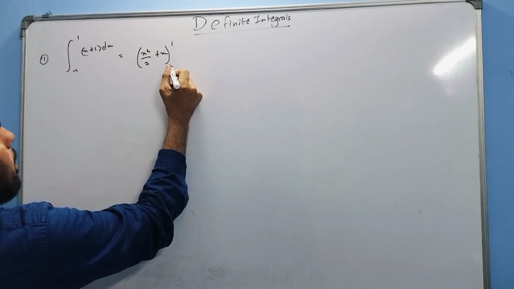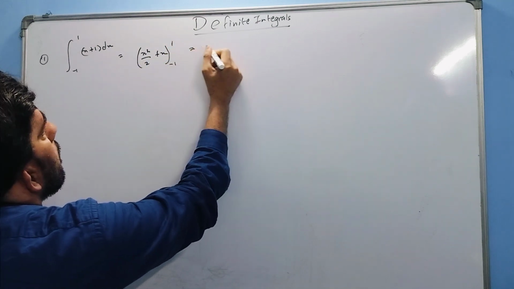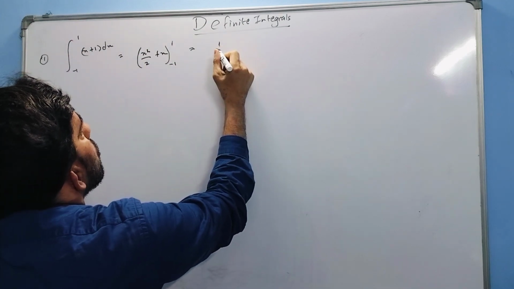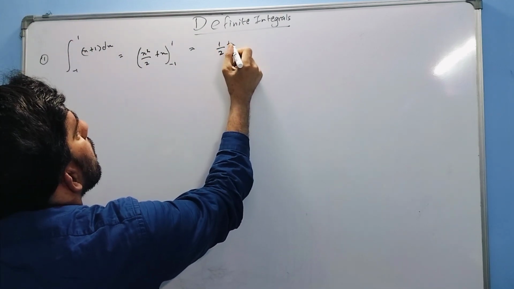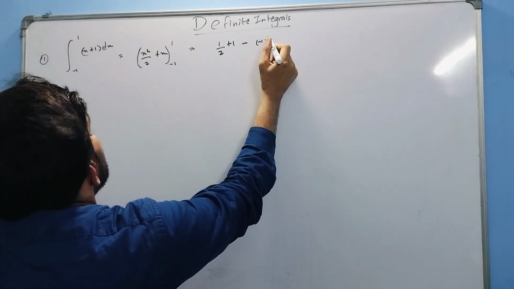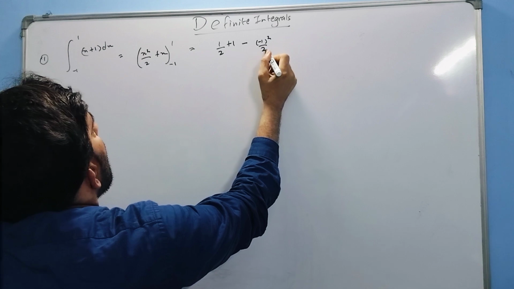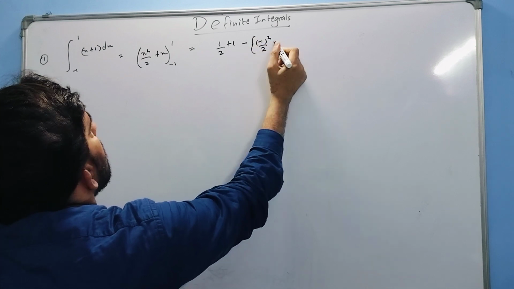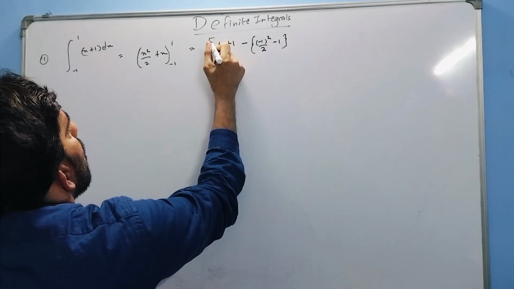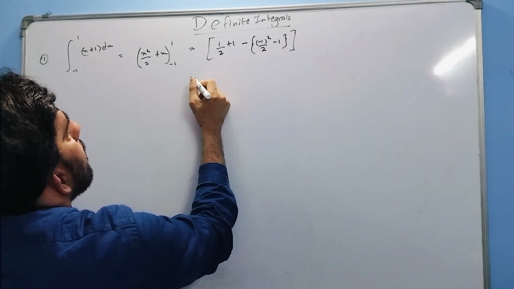Then we will apply the limits, that is 1 squared upon 2 plus 1 minus, and we have (-1) squared upon 2, then we'll have plus (-1), so it will be minus 1.